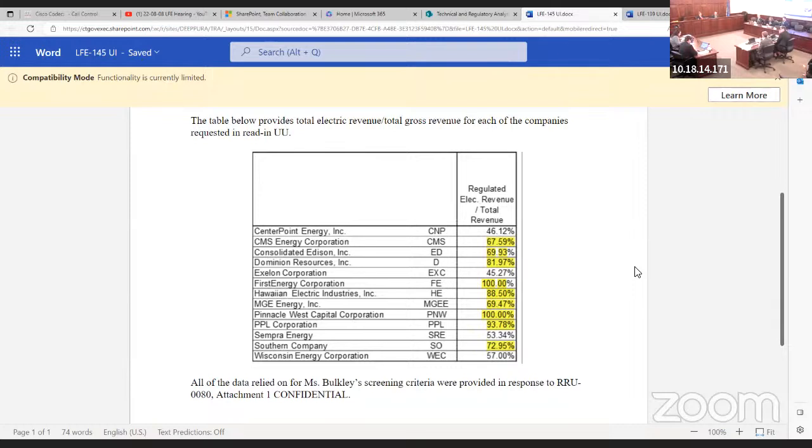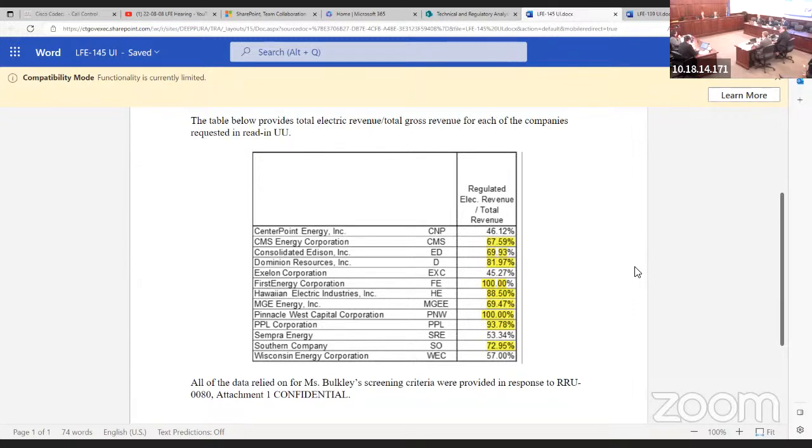Okay, well, given there's this difference in approach as to the screening threshold, and given that you've testified here that you agree that the pool of companies followed by Value Line has been shrinking over time due to consolidation of the industry, why do you continue to use that 70% regulated electric operating income to total?